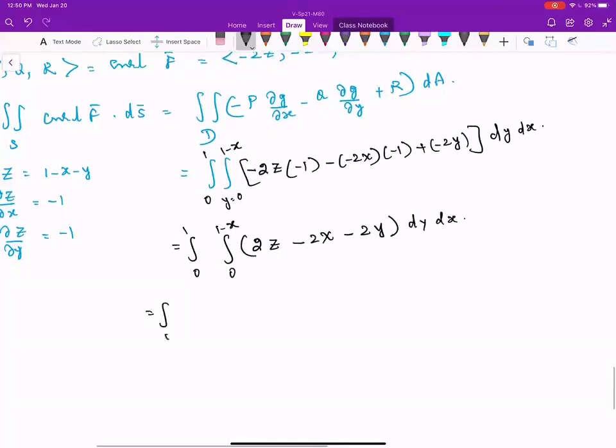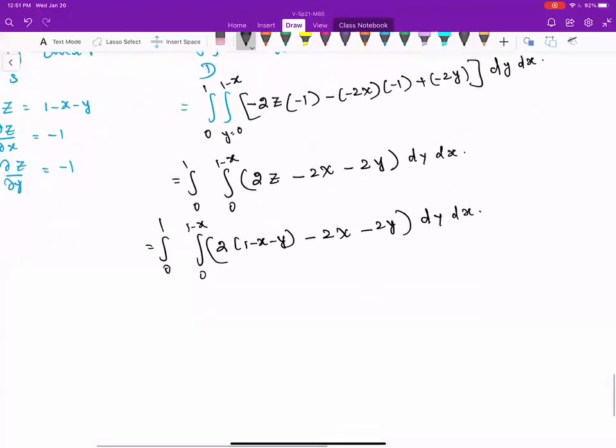But what do you know about z? Z is 1 minus x minus y. So minus 2x minus 2y all dy dx. So it is integral 0 to 1, integral 0 to 1 minus x. If you distribute, 2x will get cancelled out, so you'll be left with just 2 dy dx.